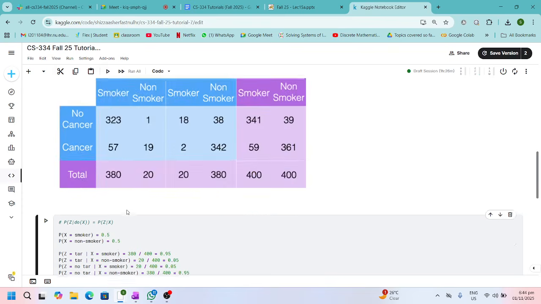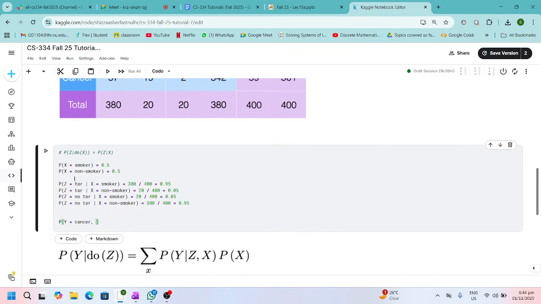Actually, I only need this data for cancer, my bad. For tar you needed it for tar and no tar. So probability y equals cancer given, look, y and then given z comma x. So I have to look at every value of z and every value of x. Z equals tar, x equals smoker.